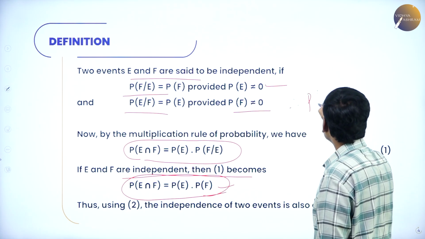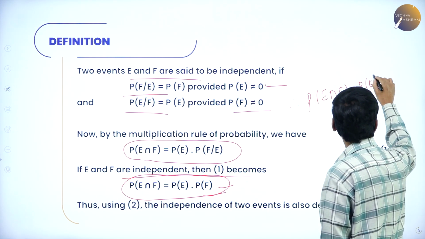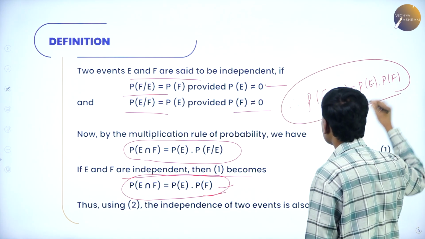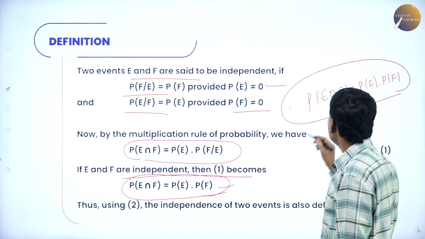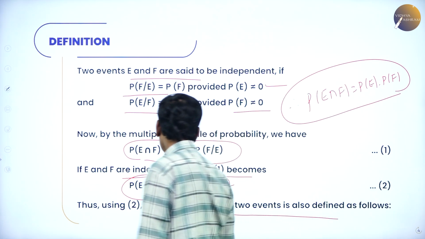So the probability of E intersection F is equal to the probability of E into probability of F. If this condition is satisfied, then the two events E and F are said to be independent events.